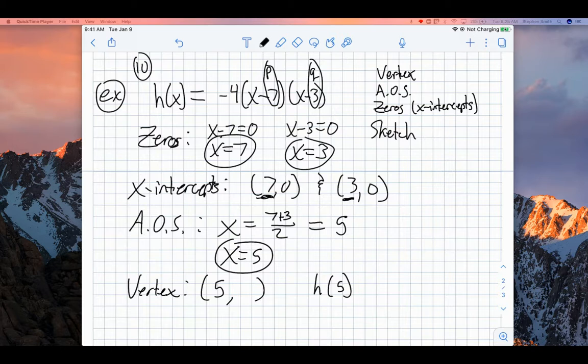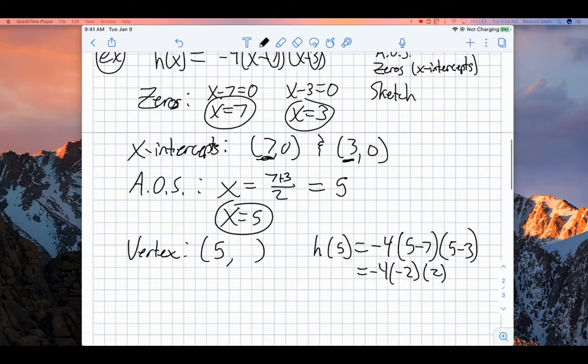H of 5 equals -4 times 5 minus 7 times 5 minus 3. -4 times -2 times 2. That is 8 times 2, that is 16. So the vertex is 5, 16. We're probably going to drop the graph paper because I'm not going to do 16 squares.